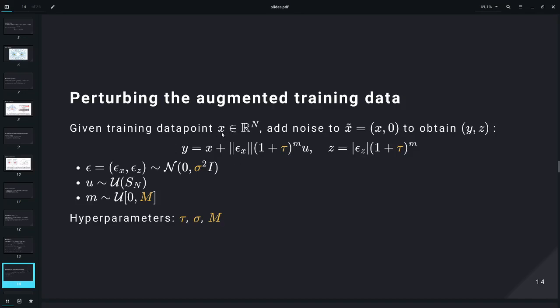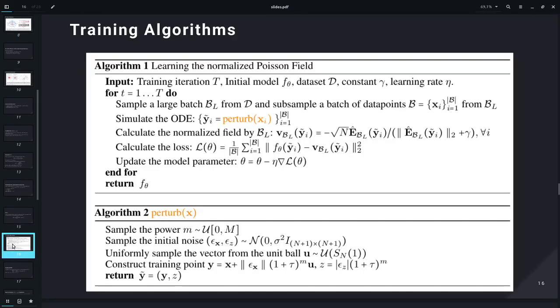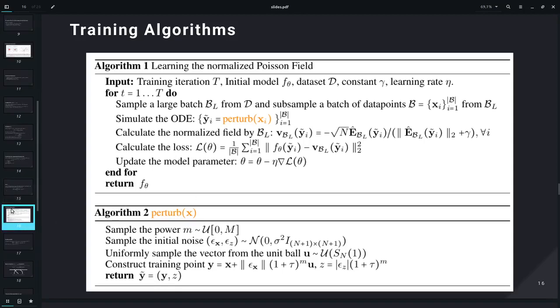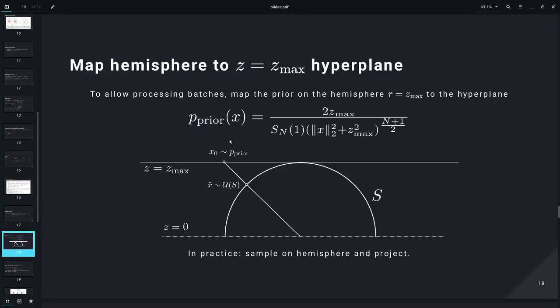X tilde is a data point embedded with this additional dimension. And I think in the other things, I tend to use x indiscriminately for just the variable. Here it's just a data point, but in other cases it might be less clear what z means.